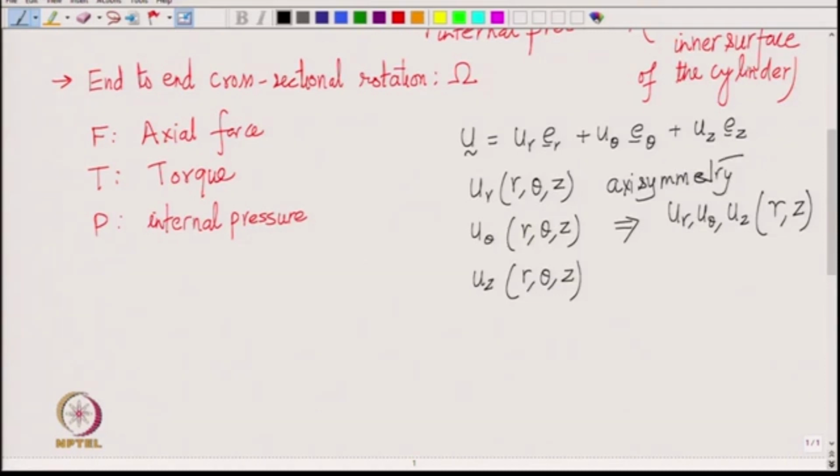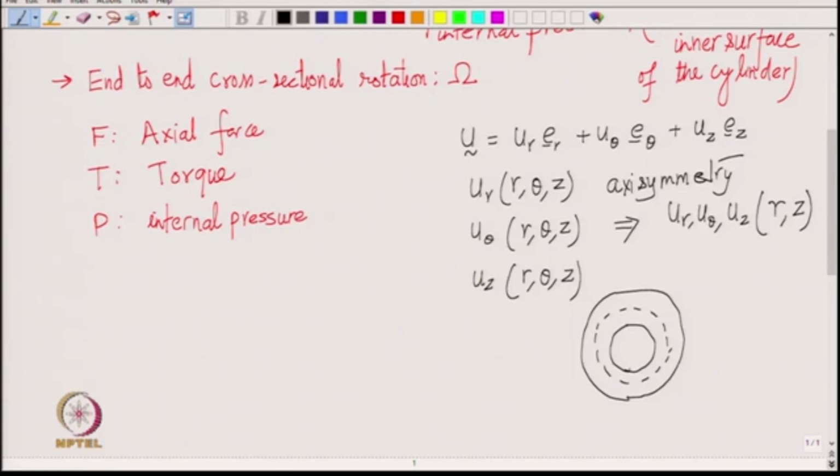Think of, for example, if u r depends on theta, what can happen? So, let us look at the cross section of this cylinder. So, this is the cross section. And think of any circumferential line in this cross section, and what would be u r? U r would mean the radius of this line is going to change, right.